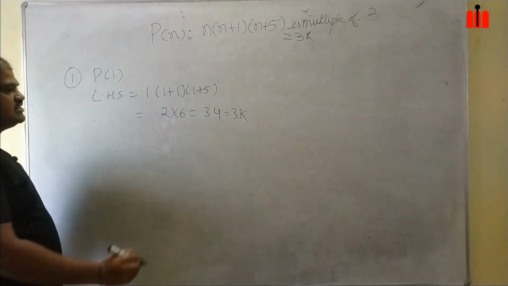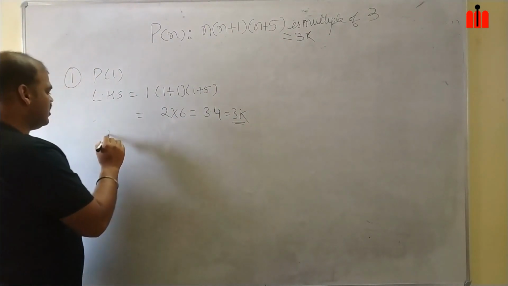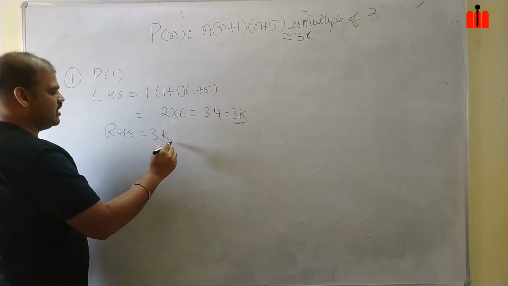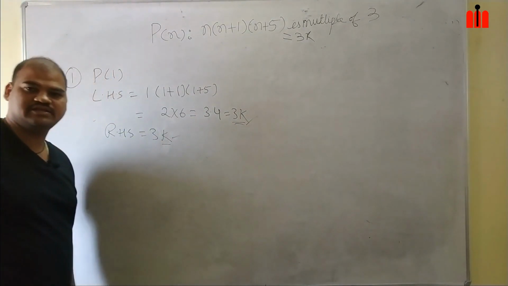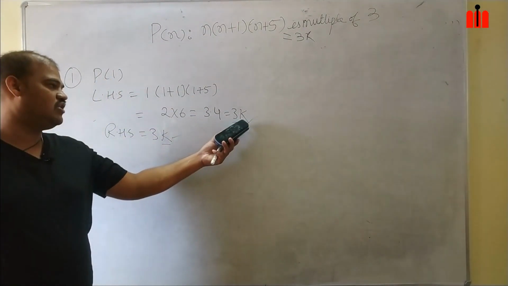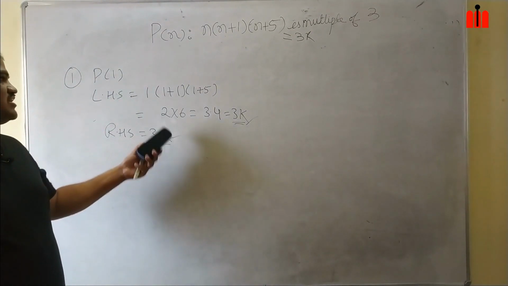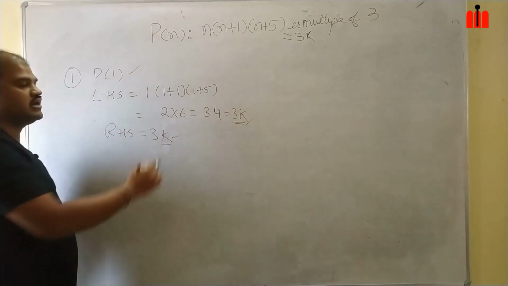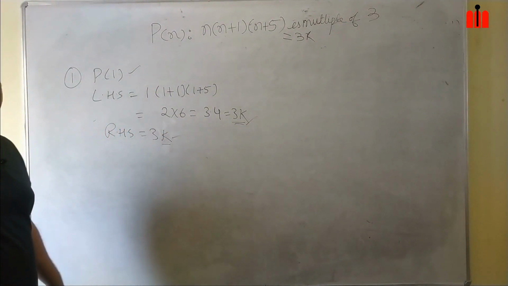Right? So it is in the form of 3k. My RHS says that it should be in the form of 3k, and these LHS and RHS both are matching. Here the value of k is 4. So as both of them are matching, we can tell that P1 is correct and the initial check is done.